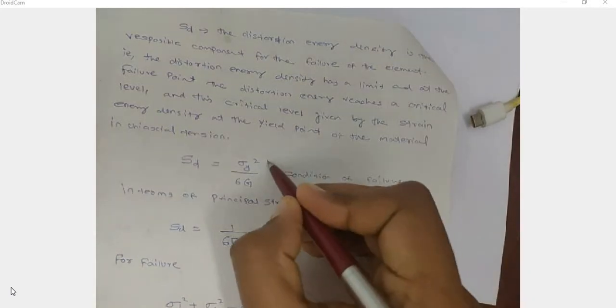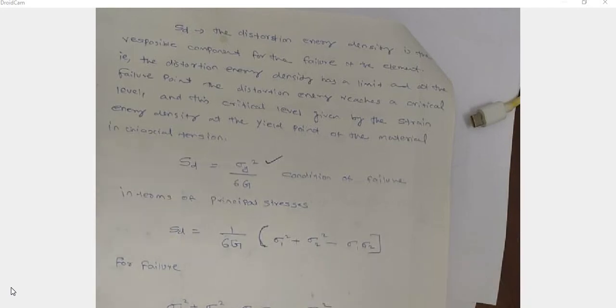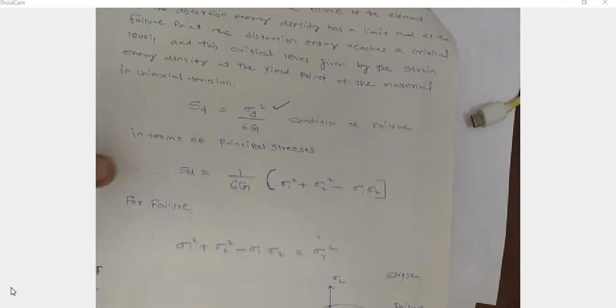So that is the definition. What is the value of this distortion component? Sigma y square by 6G. I am not going to derive this equation. The amount of distortion energy stored in a deformed body is equal to sigma y square by 6G. And in terms of principal stresses, it can be written as 1 by 6G into sigma 1 square plus sigma 2 square minus sigma 1 sigma 2.